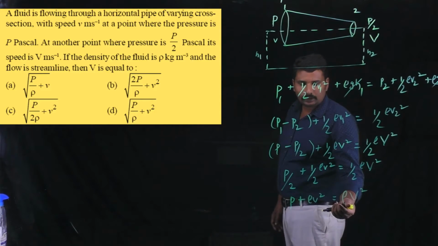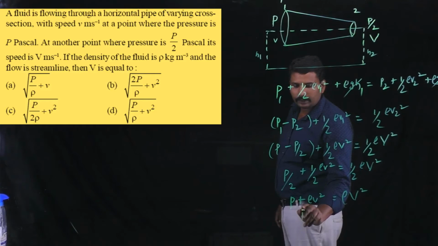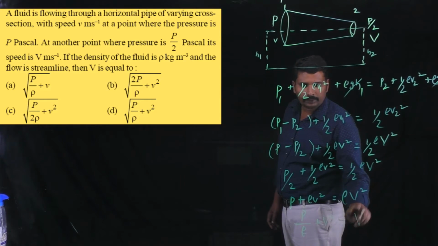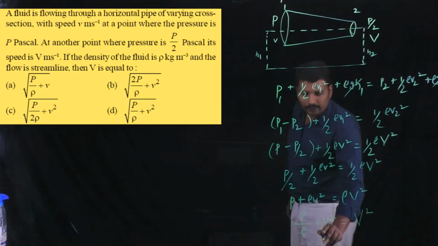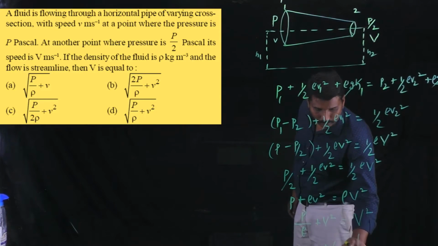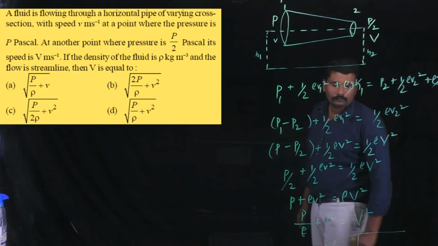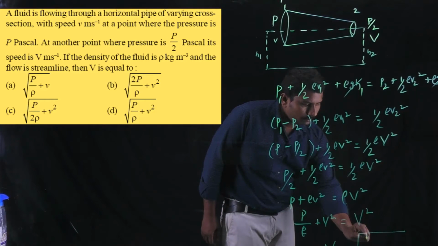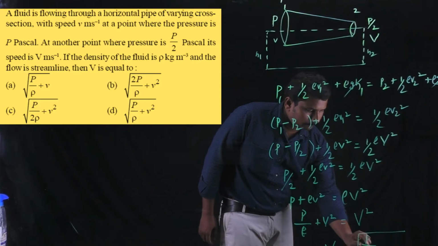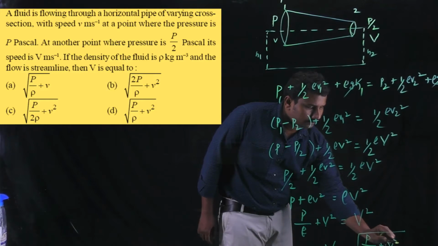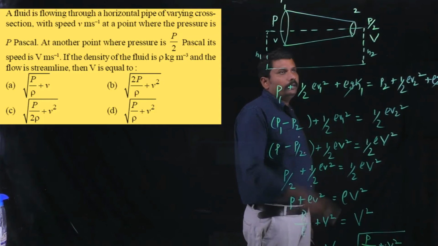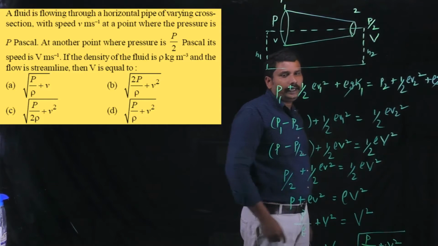Taking rho to the LHS, it is P by rho plus v square is equal to capital V square. Finally, the value of capital V is equal to under root P by rho plus v square. This is the value of the velocity of the fluid at the second end.